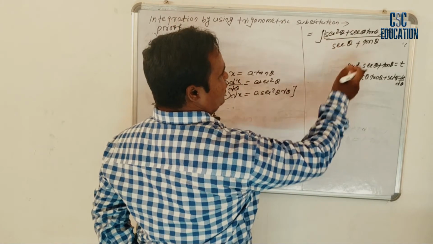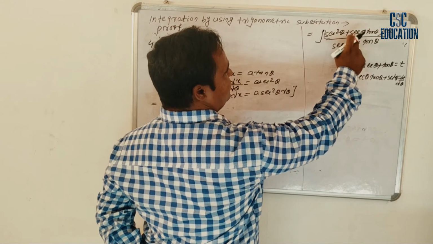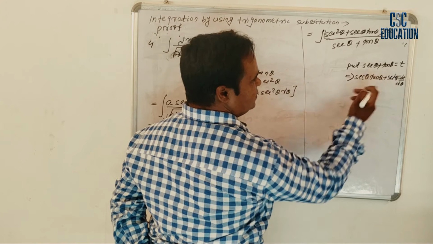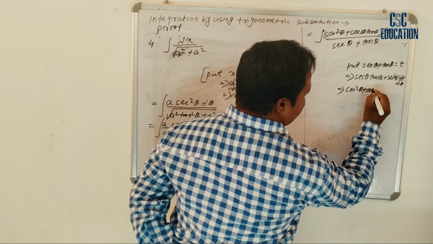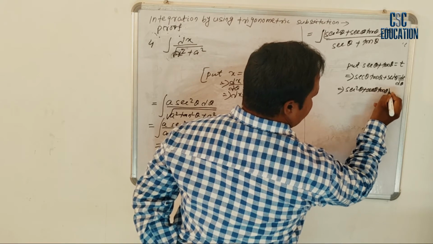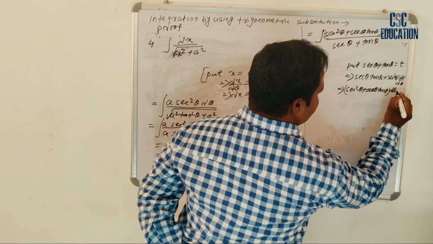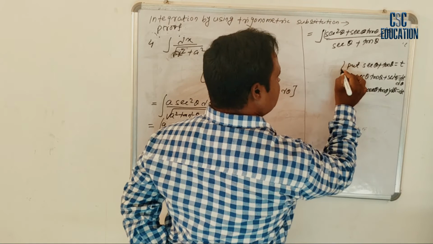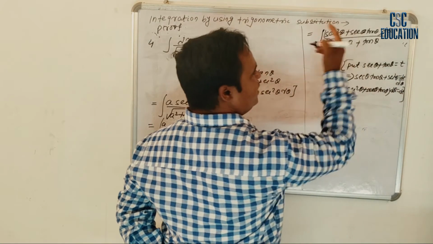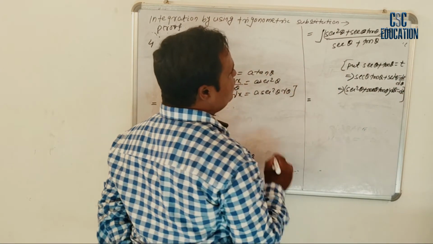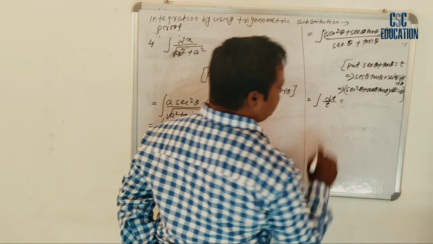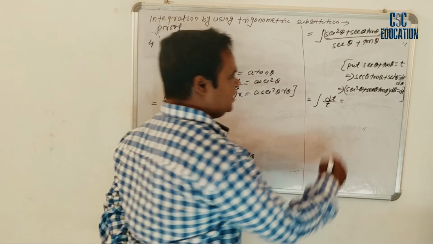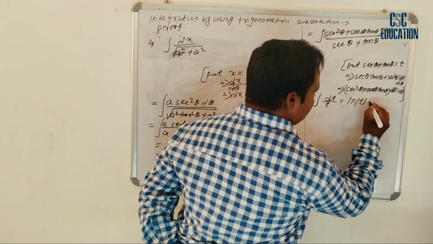But our numerator is sec square theta plus sec theta tan theta d theta, which means it equals dt. Substituting, this value equals dt by t. The integration of dt by t is the log function, ln of t plus c.